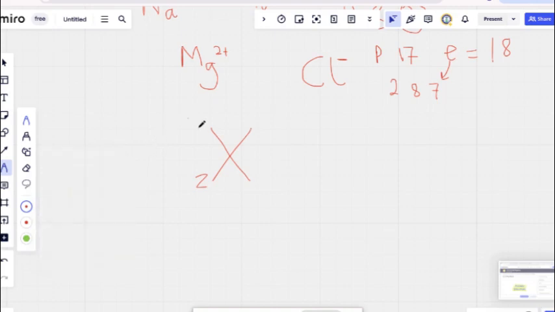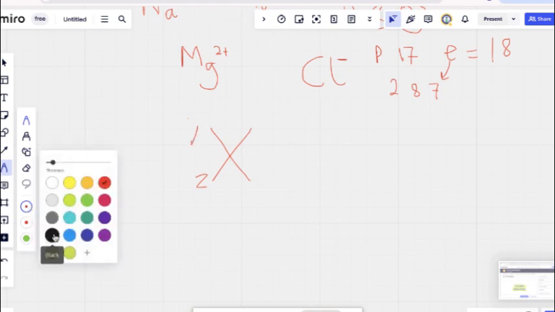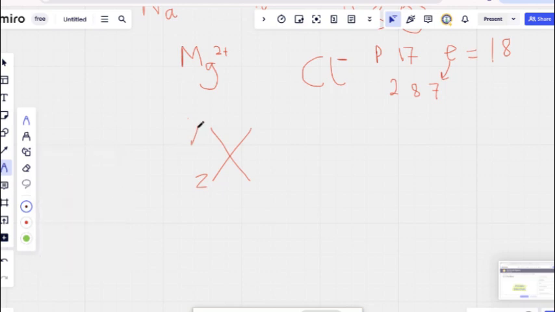And normally we use A for our nucleon number or mass number.